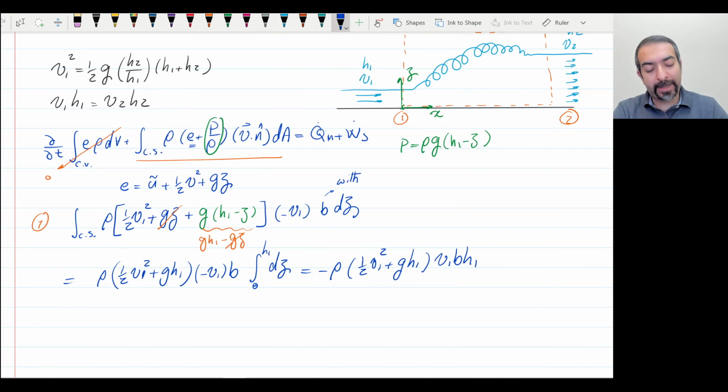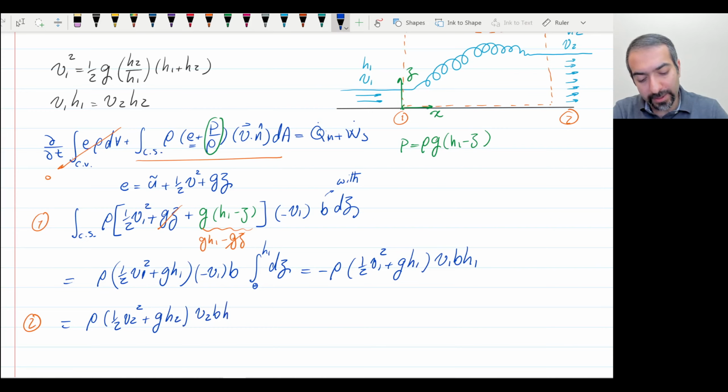All right, and if you do the same integration for area 2, the negative sign becomes positive: rho (1/2 V2 squared plus gH2) V2 B H2.